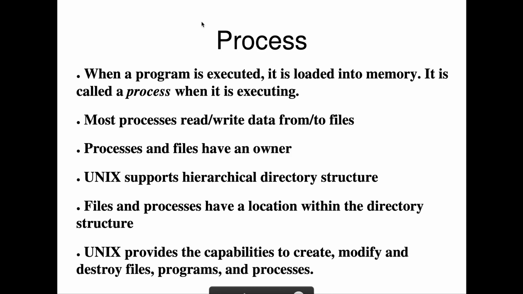Now let's discuss another concept, which is the process. When a program is executed, it is loaded into memory, and the thing in memory is now called a process. Let's have an example.